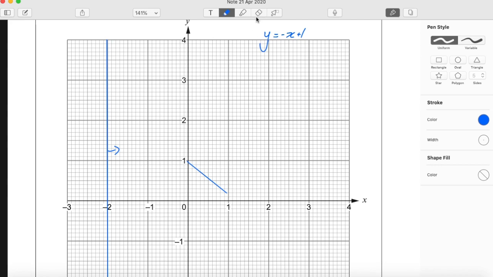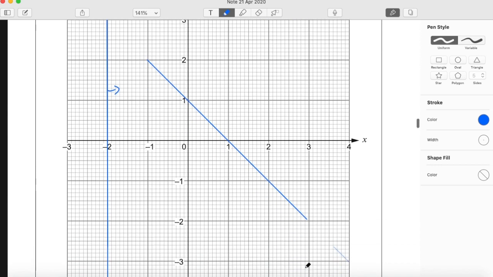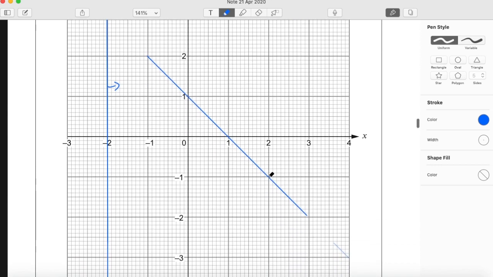Let me just try that again. There you are, and remember to extrapolate your line to the edge of the graph paper.